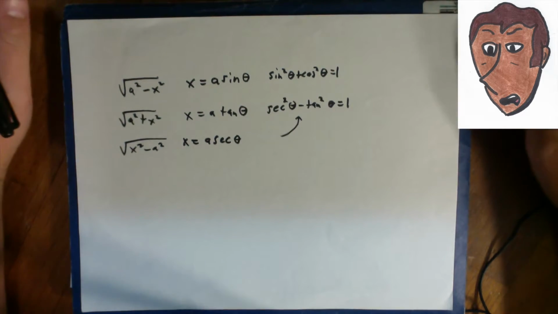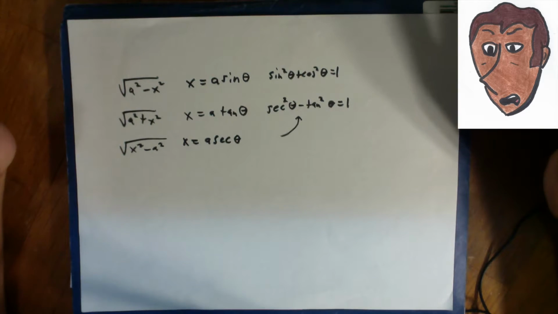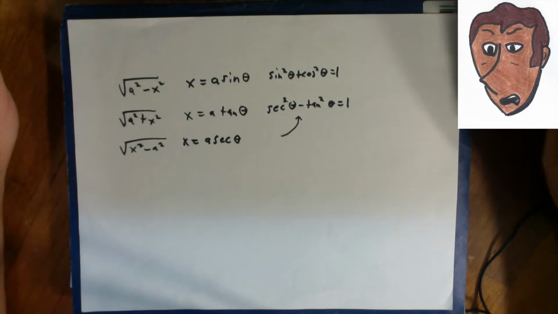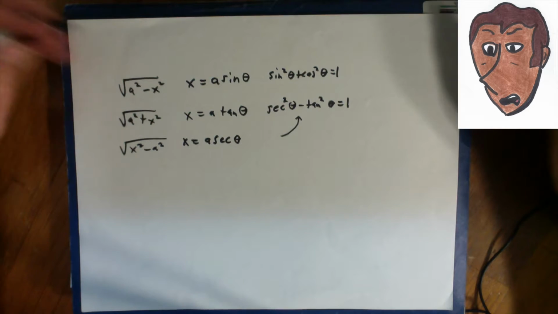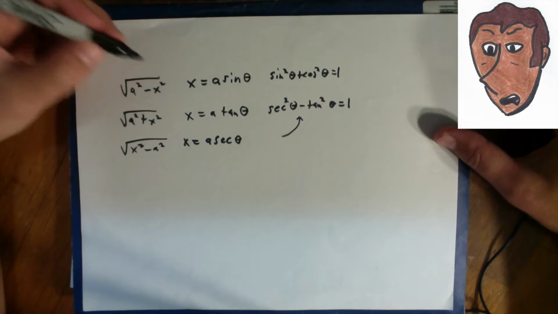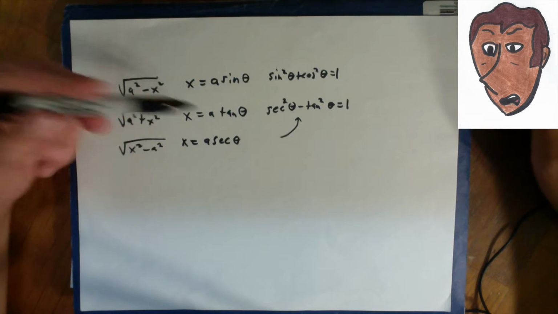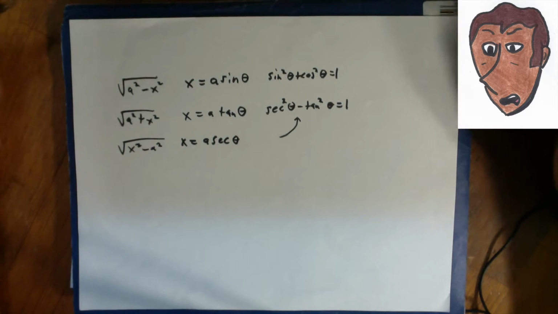But word of caution, these substitutions work under particular situations, and that's because of the different conditions of the square root and the conditions of the trig functions.